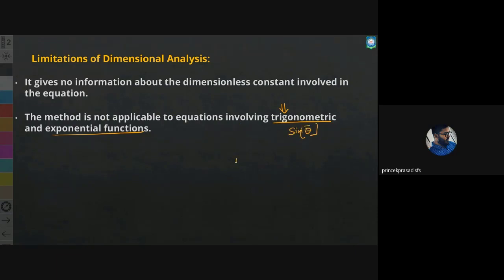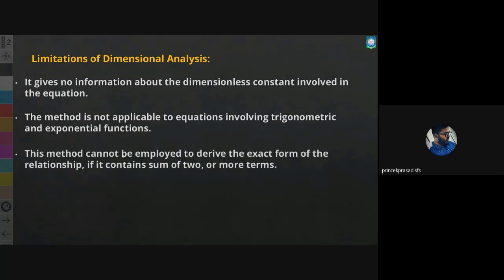So if an equation has y equal to a sine theta x, you cannot account for this because it has no dimension, so I cannot equate LHS to RHS. It will not make any difference. That is why we cannot find such a relation using dimensional analysis. Exponential we also discussed: it is only a number, meaning it will not have any dimension. So that is the second limitation.